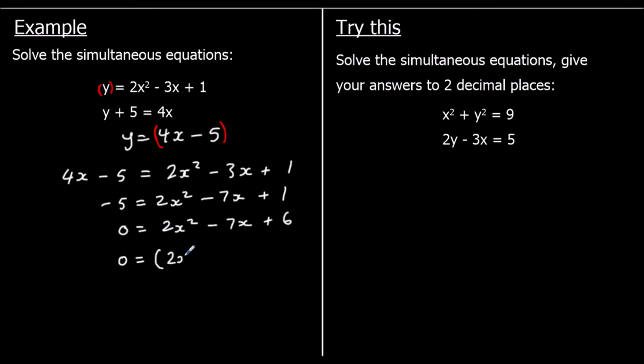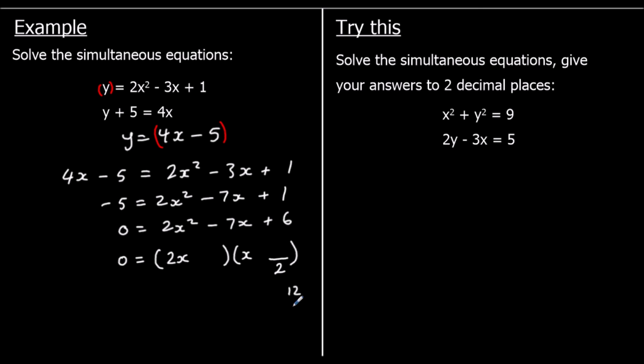So we're going to have 2x in one bracket, x in the other bracket. We'll do a times c, 2 6s are 12. And because we're multiplying by 2, we need to divide by 2 to cancel that out.